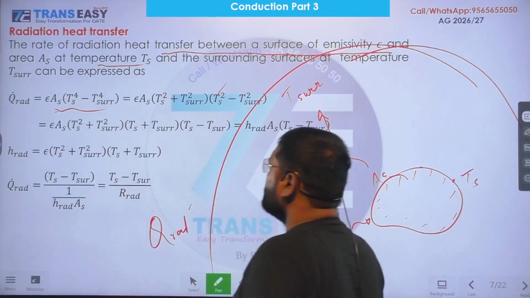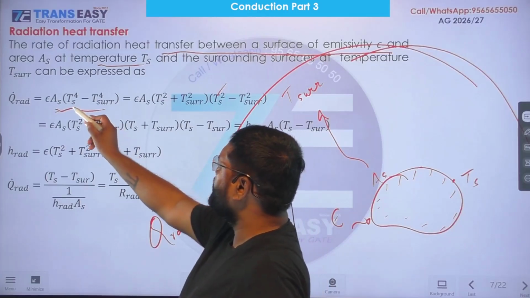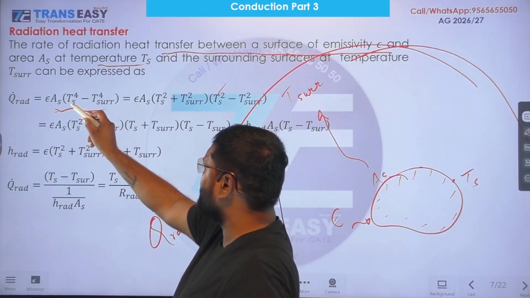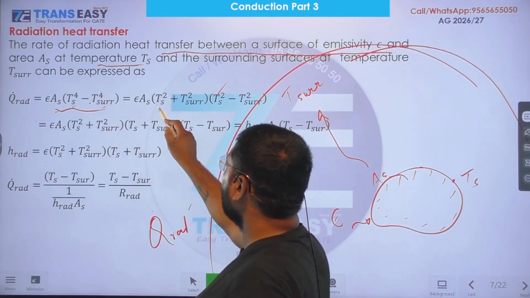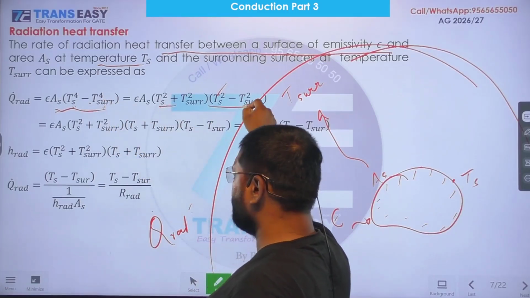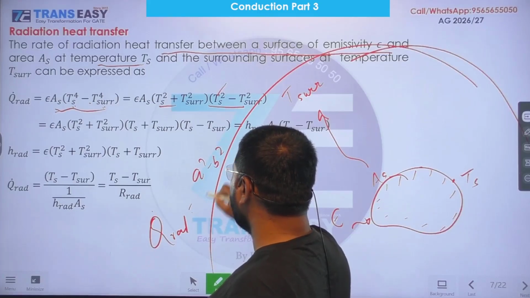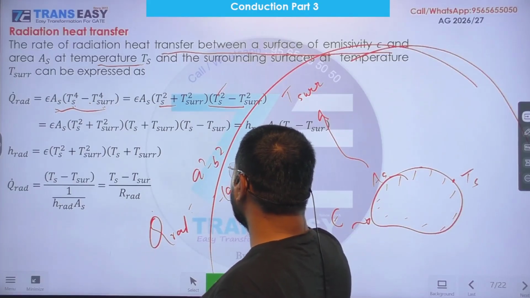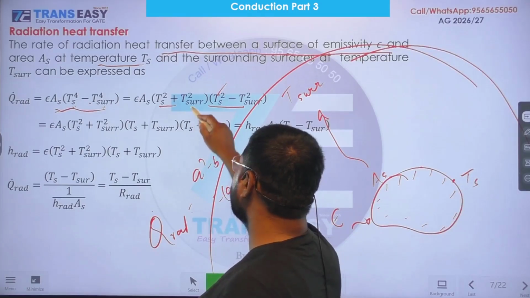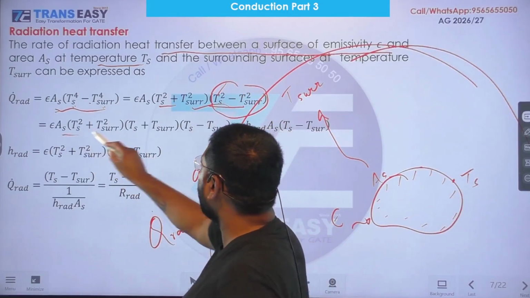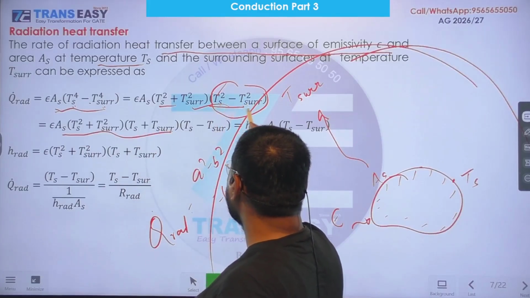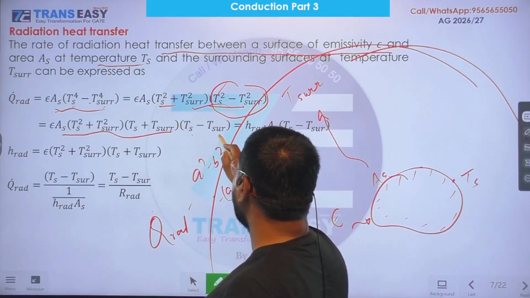We can write this like Ts square minus T surrounding square. So a square minus b square is equal to a plus b into a minus b. Likewise, we are writing here. Again, break this: Ts plus T surrounding into Ts minus T surrounding.